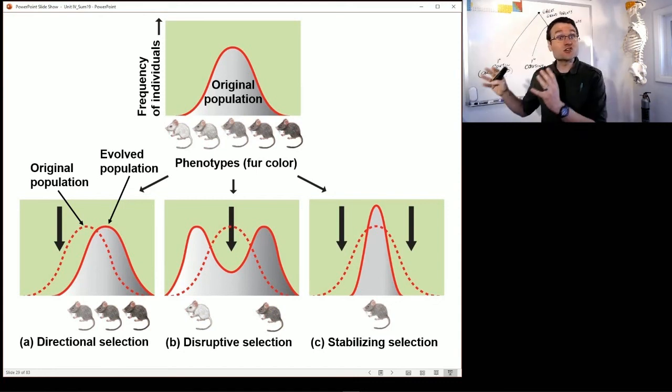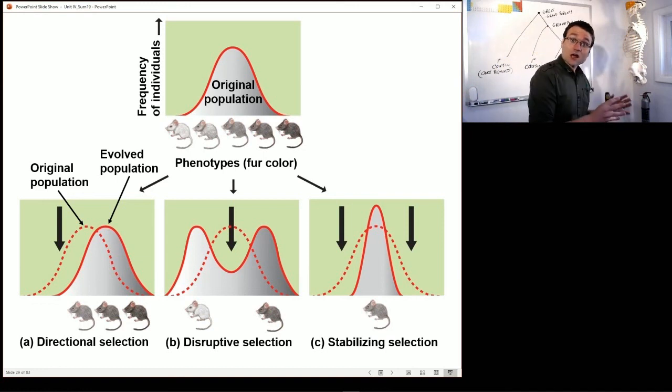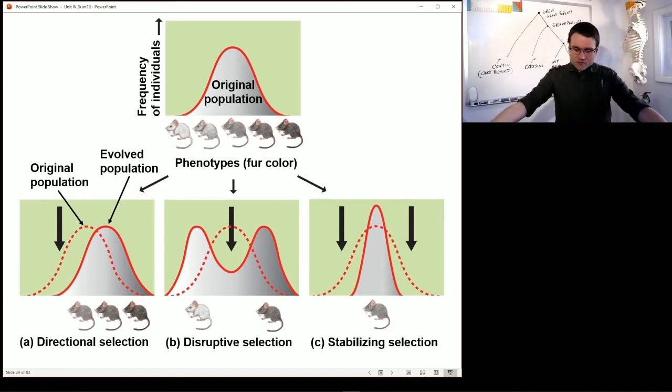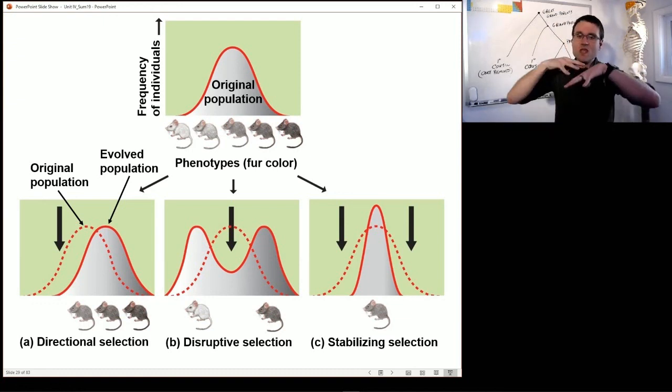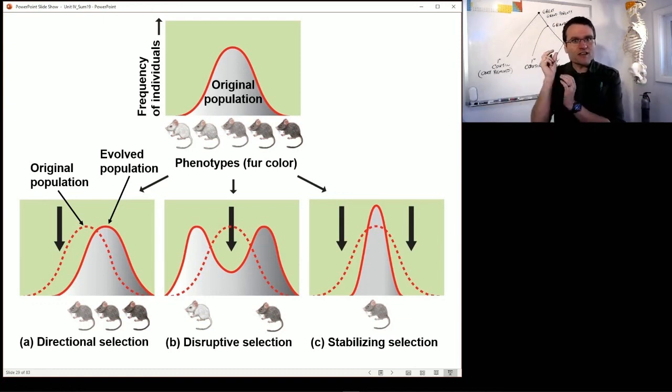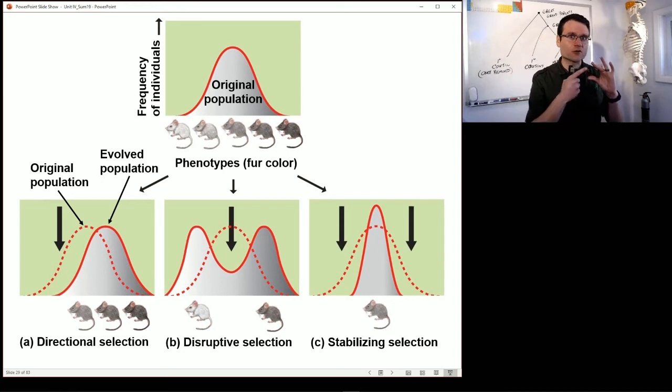So instead of a very dark-colored forest floor and a very light-colored sandy beach, we put all of this population of mice onto a substrate like maybe shale or slate, something with an intermediate gray color, a lot of rocks and things like that. As a result, the really dark-colored mice, the black-furred ones, are going to stand out, as are the really light-colored mice, the white-furred ones.